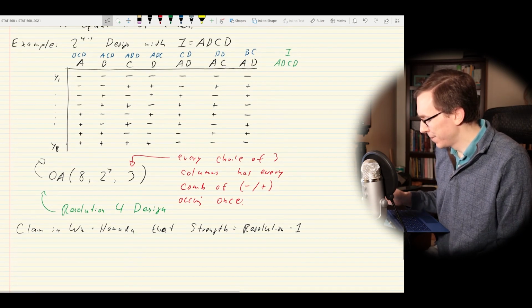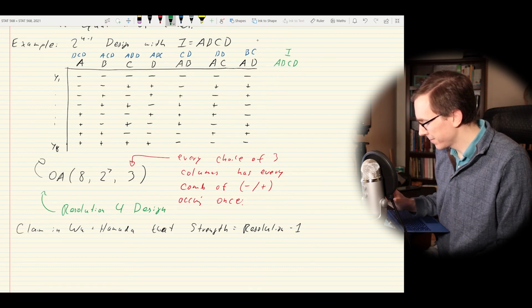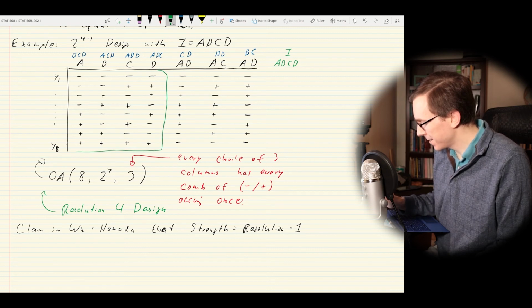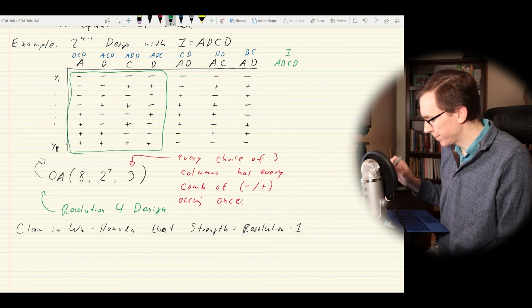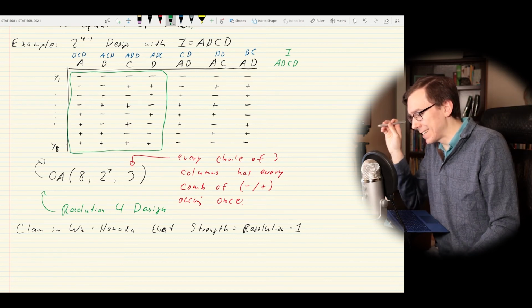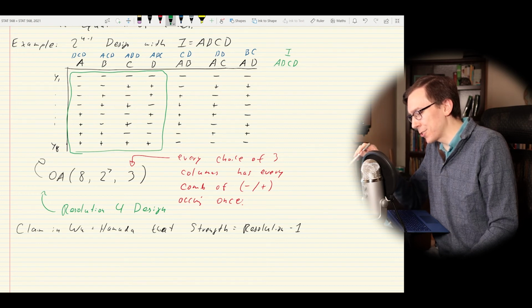for this table, we really want to consider the main effects, because the strength will change depending on if we include more of these interaction columns.